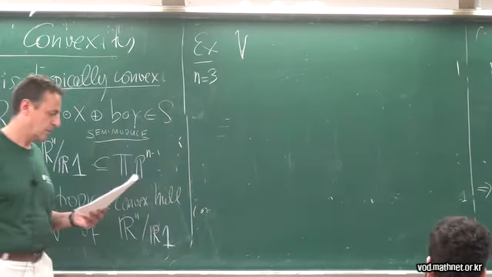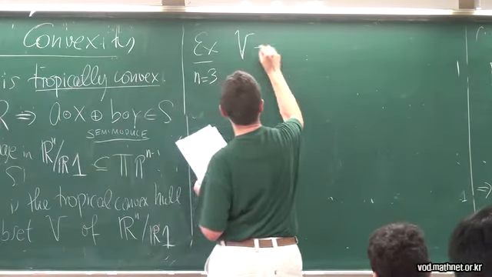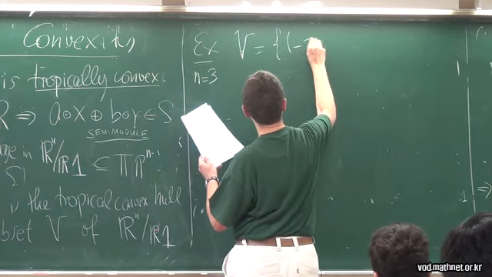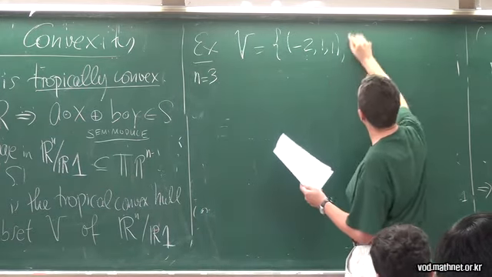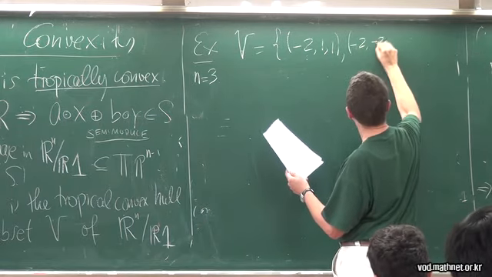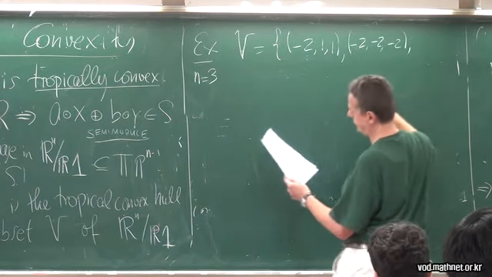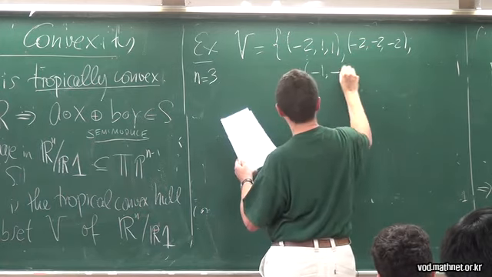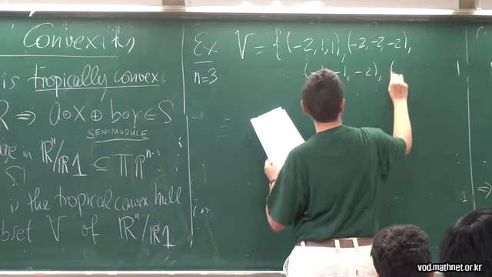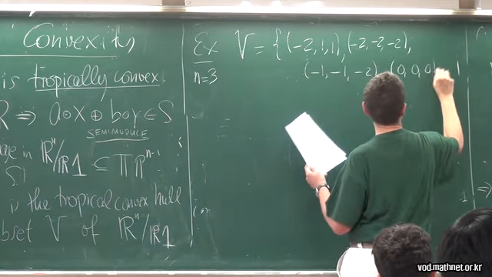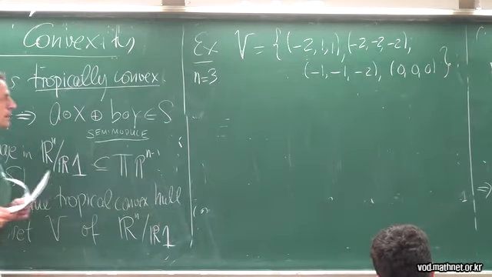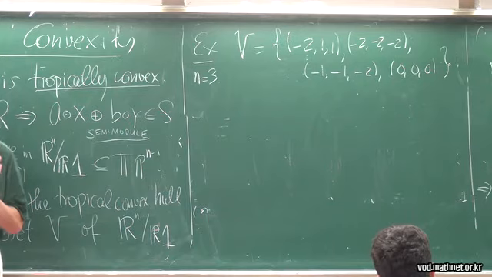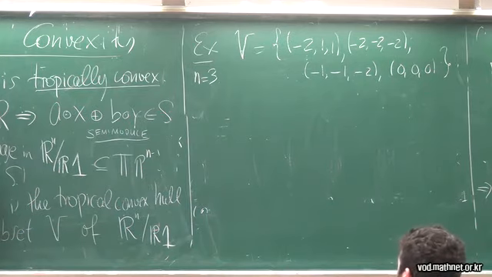Okay, and so let's take the following points in the plane. -2, 1, 1. -2, -2, -2. -1, -1, -2. And 0, 0, 0. Okay? Those four vectors are the row vectors in the matrix C that I erased.